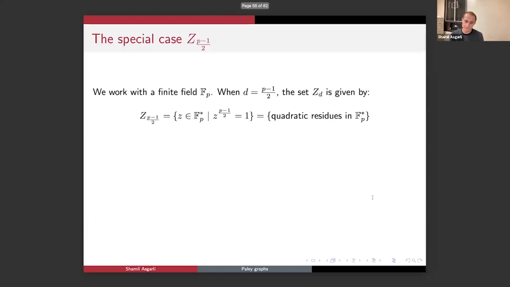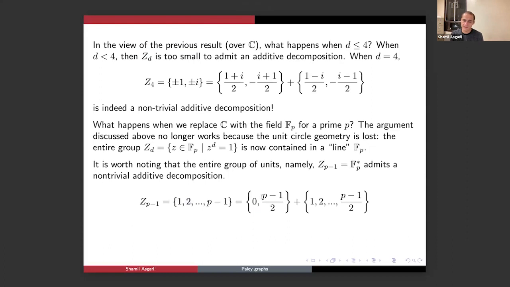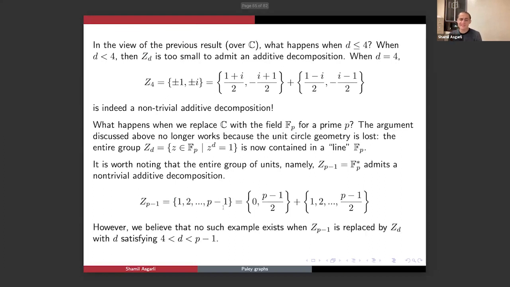And if you pick the second element, (p minus 1)/2, and add it to all the elements in the second set, you're going to get the second half of the elements mod p. So this is why this exists. But again, this is an exceptional thing because this is the extreme case when D is as big as possible. But we believe that no such example exists.